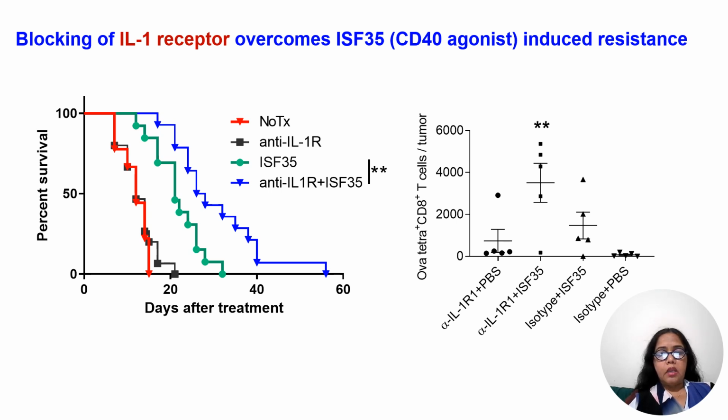So when we block interleukin 1 pathway and give CD40 agonist, this combination was better than CD40 agonist alone. And also this combination induce more tumor specific CD8 T cells.